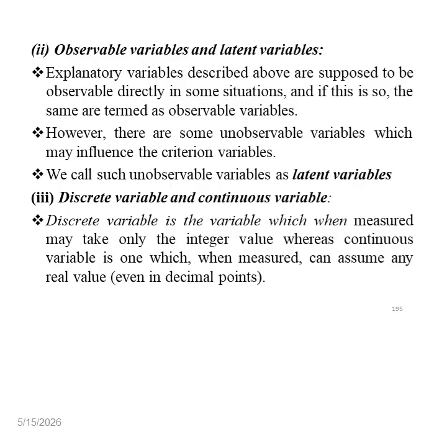Now, the explanatory variables described above are supposed to be directly observable in some situations, and if so, they are termed observable variables. However, there are some unobservable variables which may influence the criterion variable or dependent variable. The dependent variable can be affected by the independent variable and also by the latent variable or error variable.